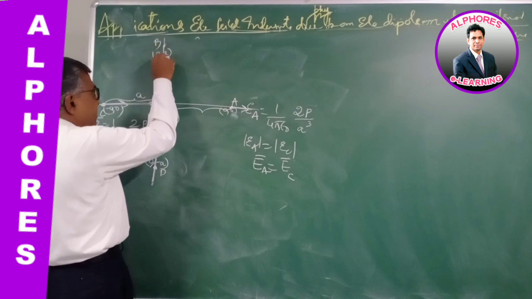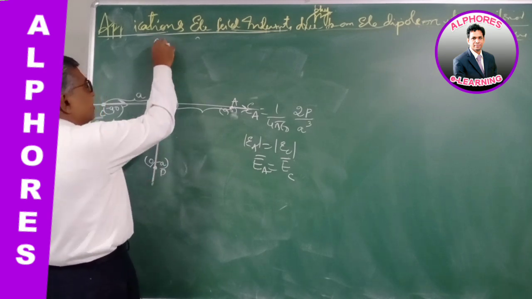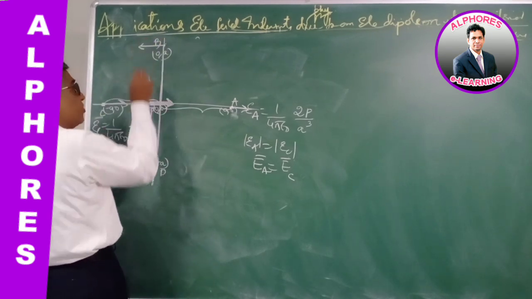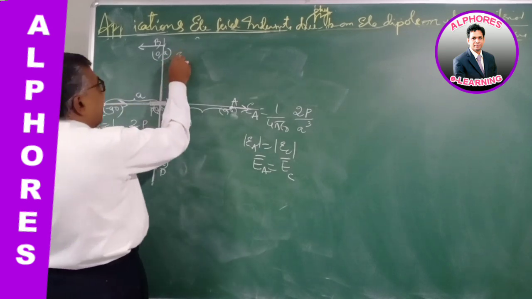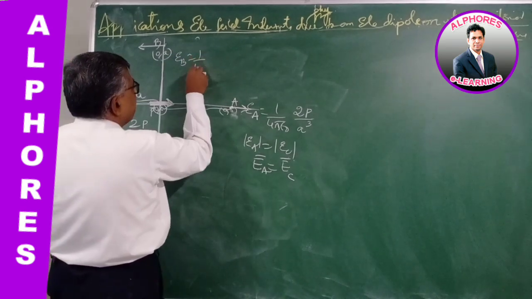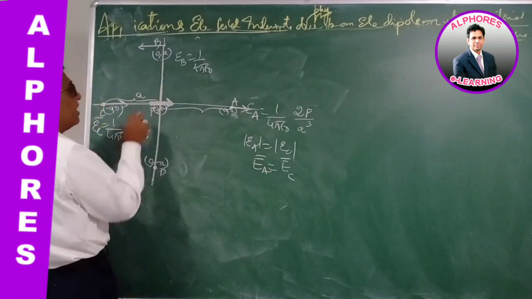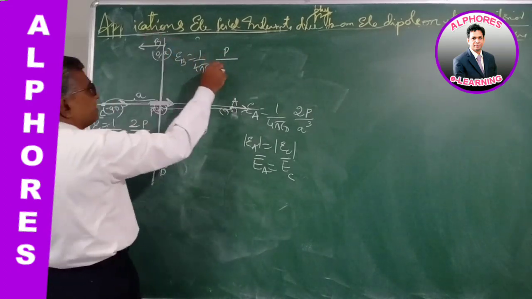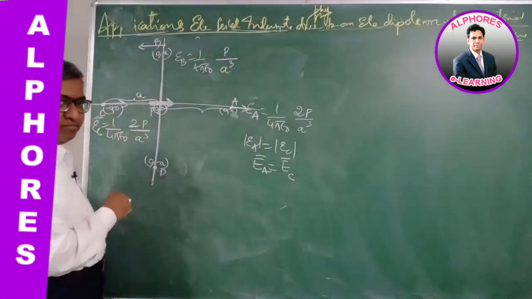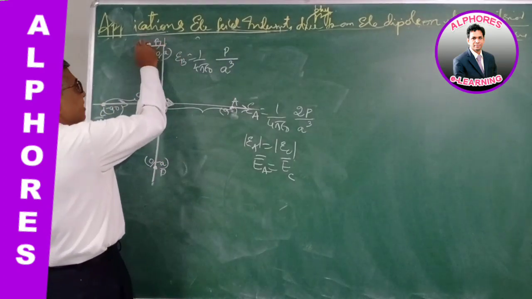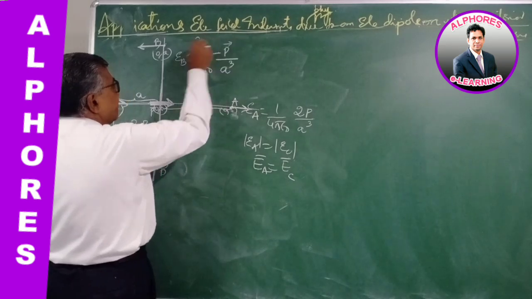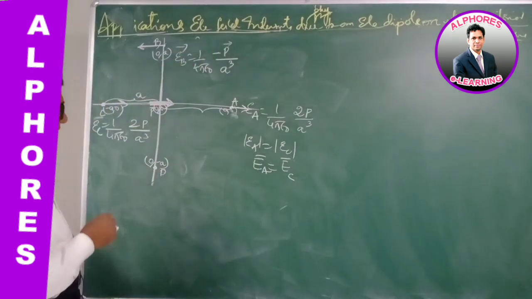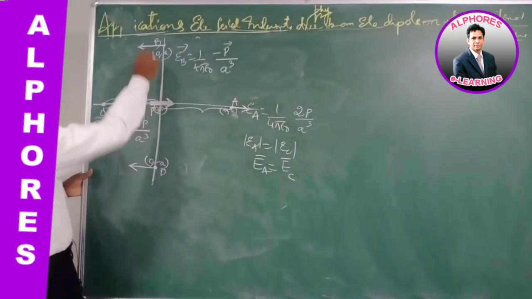Point B now lies on the equatorial line. On the equatorial line, field is opposite to the dipole moment, and EB is 1 by 4 pi epsilon naught, for a dipole, P by a cubed for a short dipole, only the distance. Direction this way, it's minus P. And even at point D, this is also on the equatorial line.